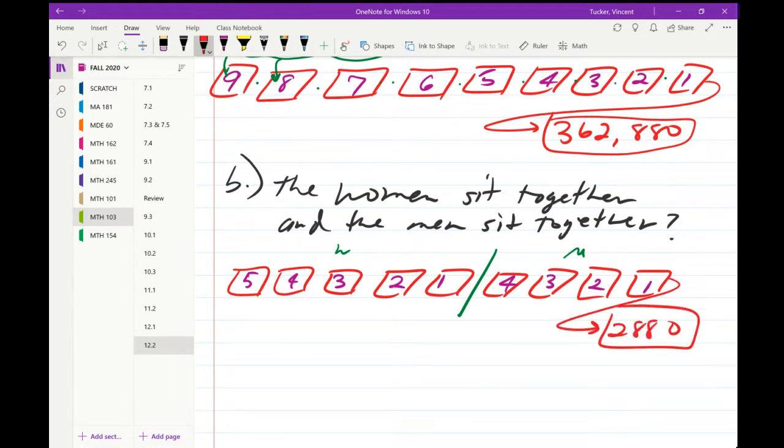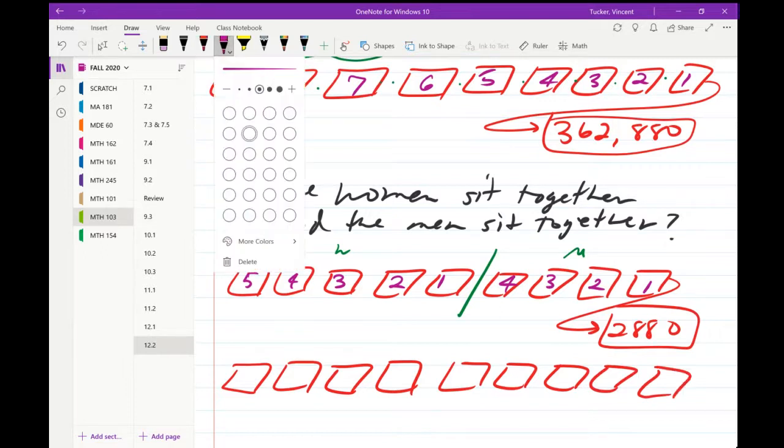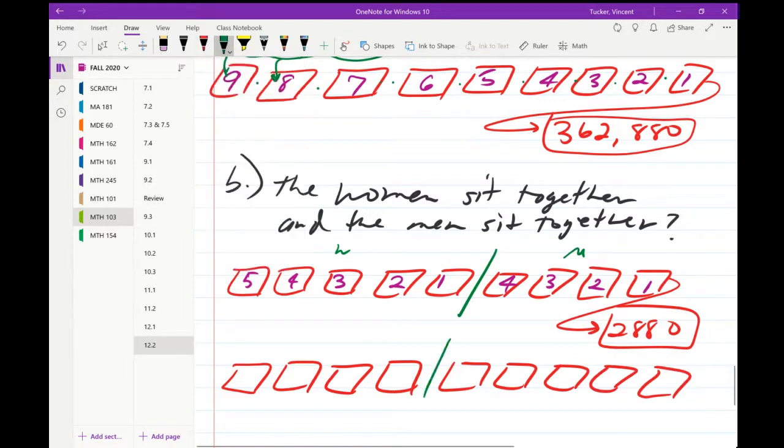Now that's not my complete answer, because we're talking about the women sitting together and the men sitting together. So this first option explores the women sitting first and the men sitting second. Next, we will look at the men sitting first and then the women sitting second, because the goal is to have the men sitting together and the women sitting together.